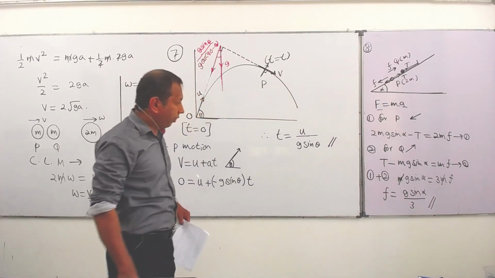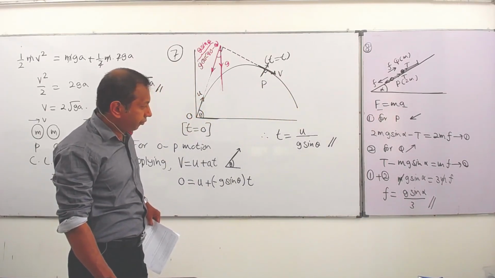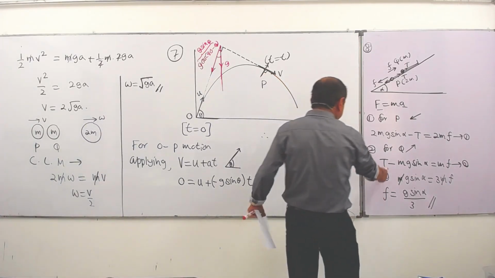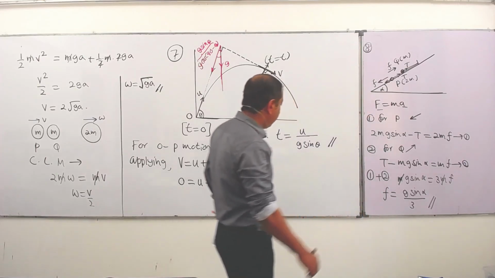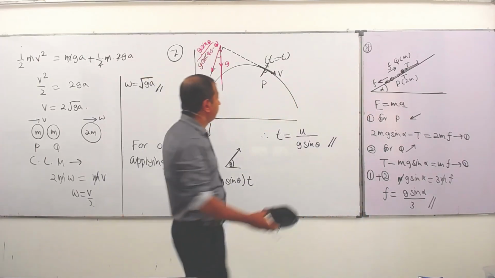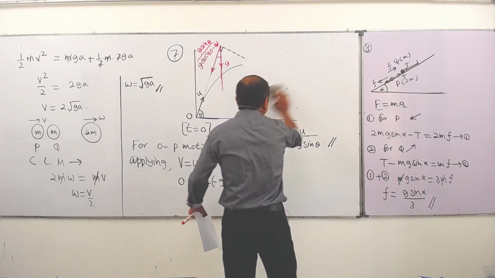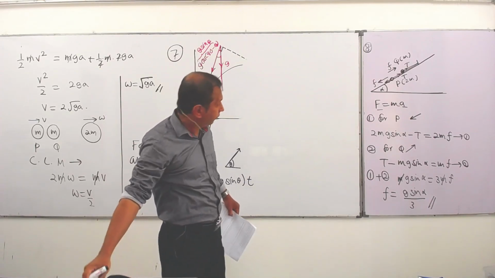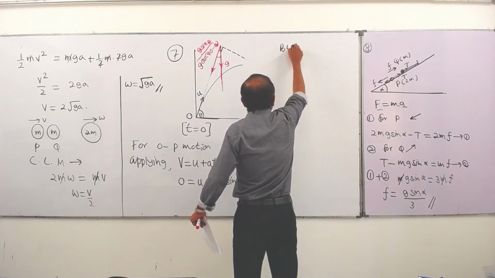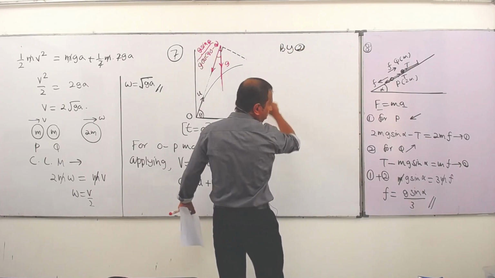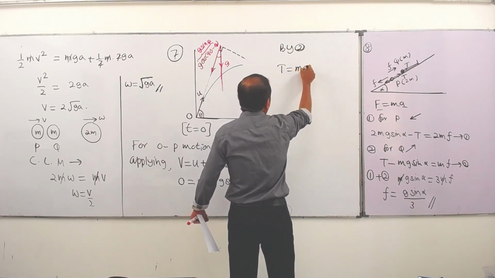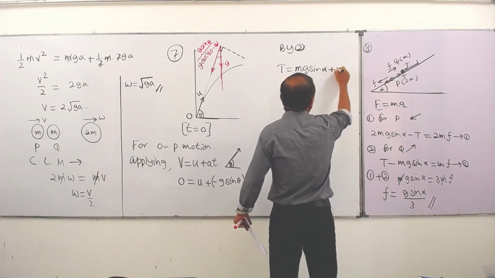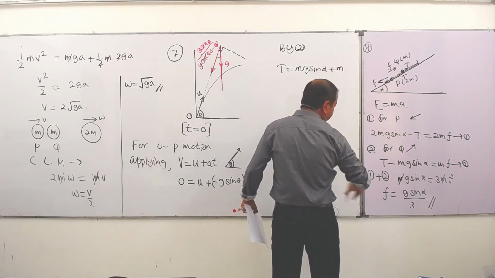Right. Now we can find T by number 2. By 2, T equals mg sin alpha plus m times f, with f equal to g sin alpha by 3.